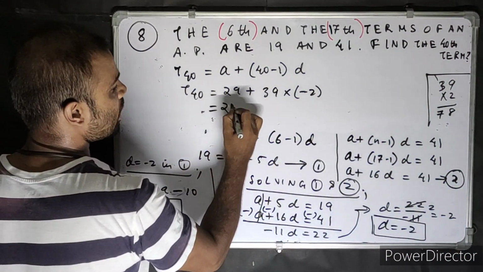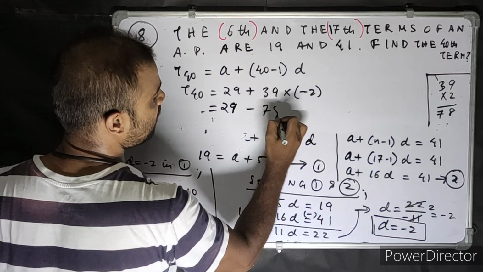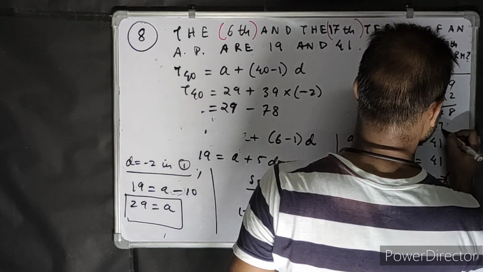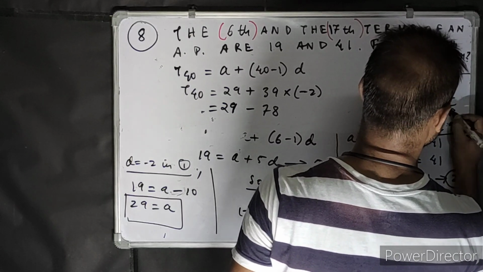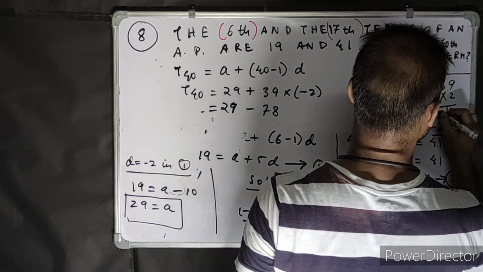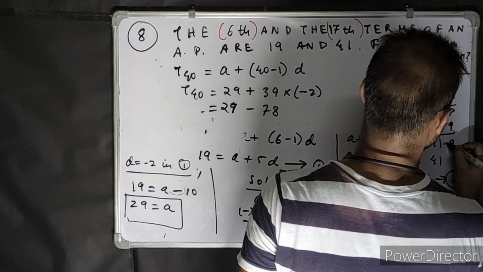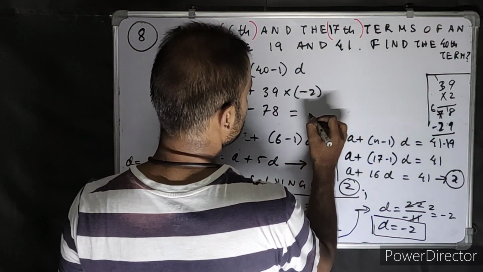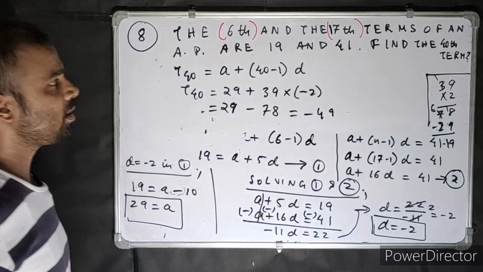Right, so 29 minus 78. So the 40th term is minus 49.